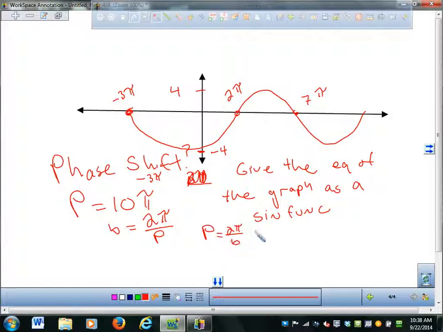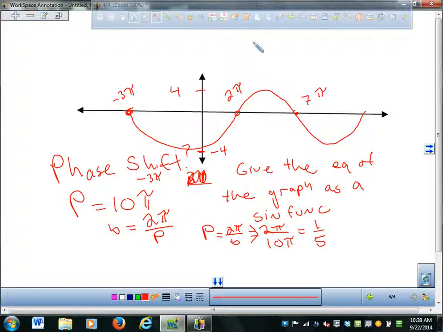With some algebra, I can show that b is also equal to 2 pi divided by the period. So in this case, I have 2 pi divided by 10 pi, which is 1/5.